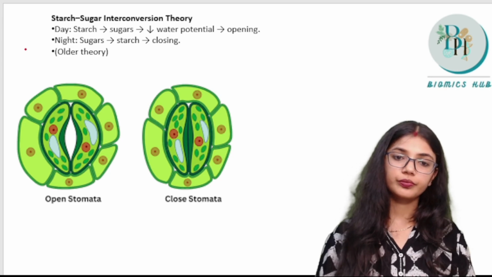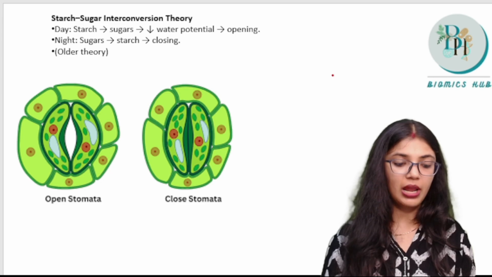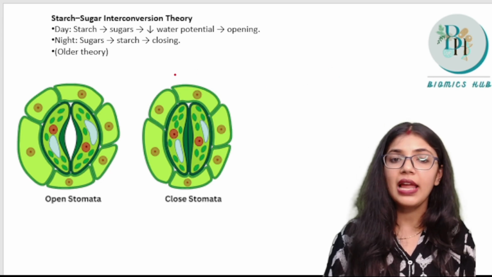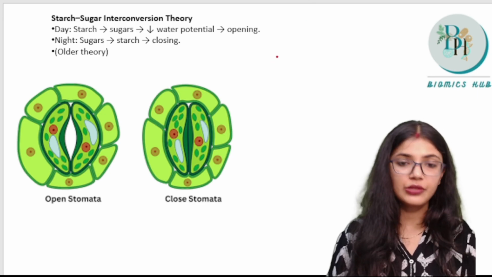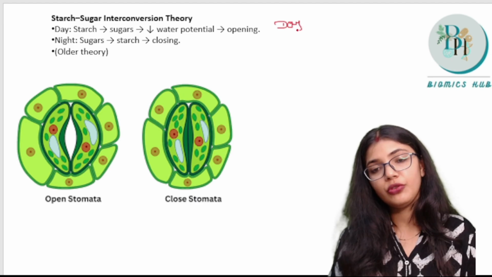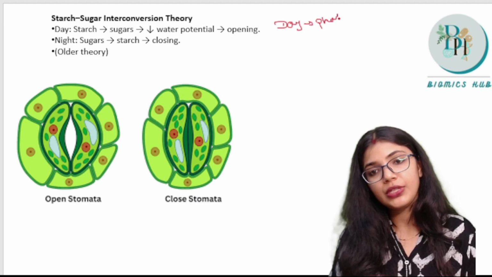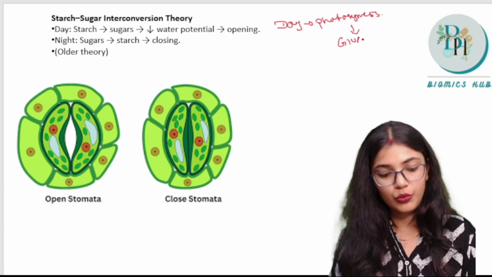So what happens in case of daytime? The light falls upon this cell. During the daytime there is photosynthesis, and due to photosynthesis there is formation of glucose.